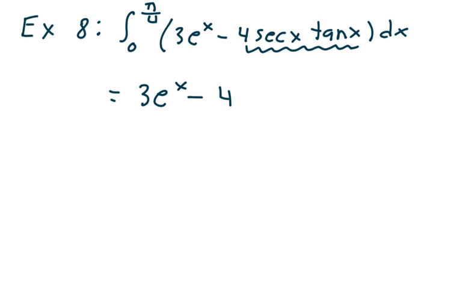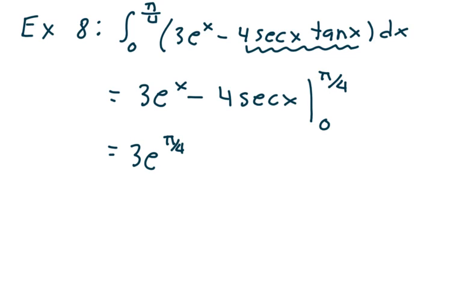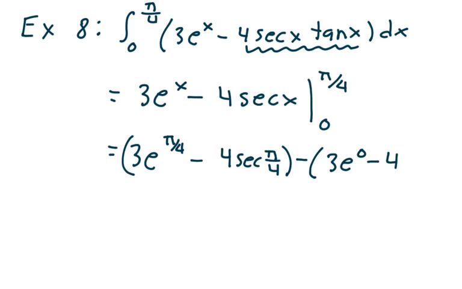So we get minus 4 secant x. And then I'm going to evaluate this from 0 up to pi over 4. So when I plug in pi over 4, I get 3e to the pi over 4 minus 4 secant of pi over 4. And then when I plug in 0, I get 3e to the 0 minus 4 secant of 0.